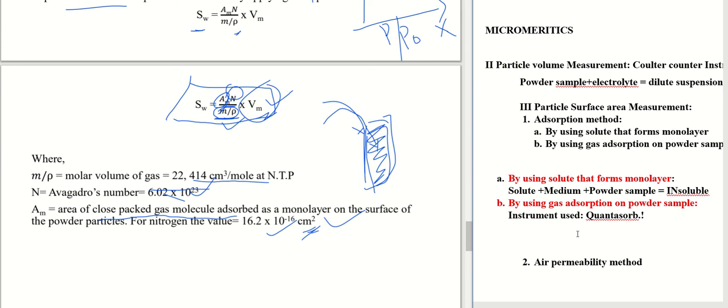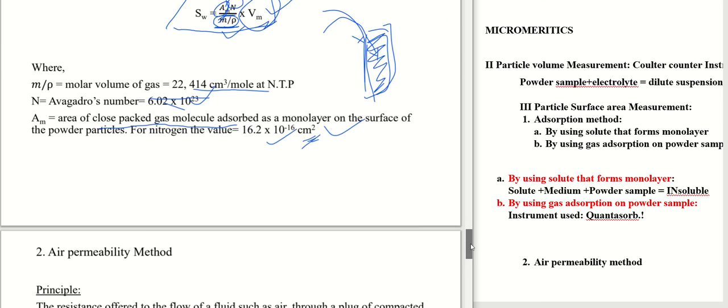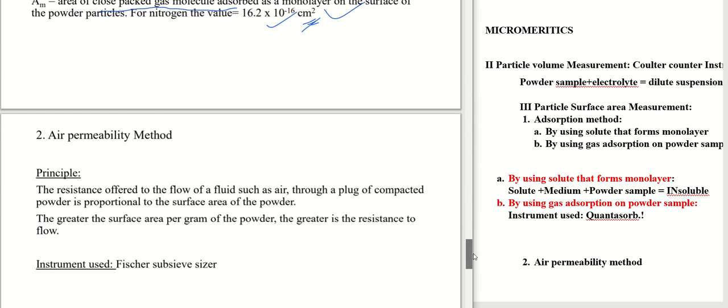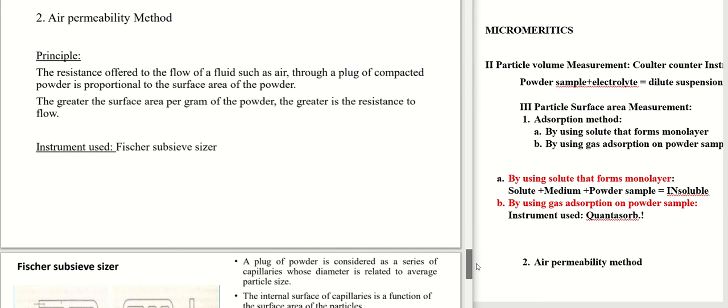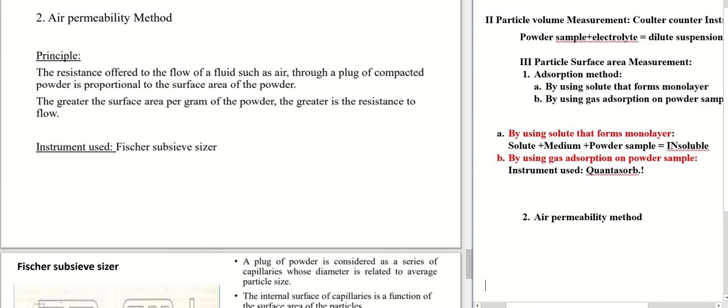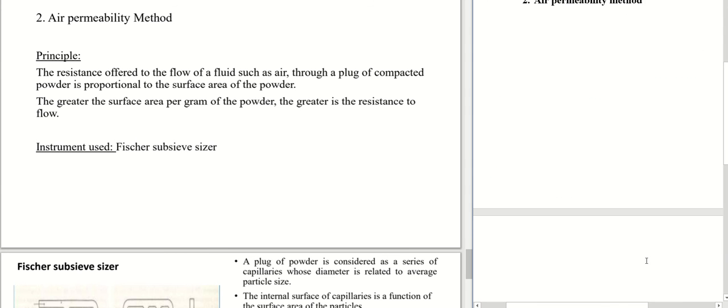In this adsorption method, we have used solute and also gas as adsorbates. Another method by which we can determine particle surface area is the air permeability method. The name itself indicates we will be checking for the permeability of air.